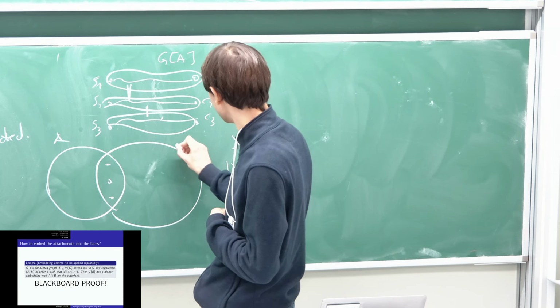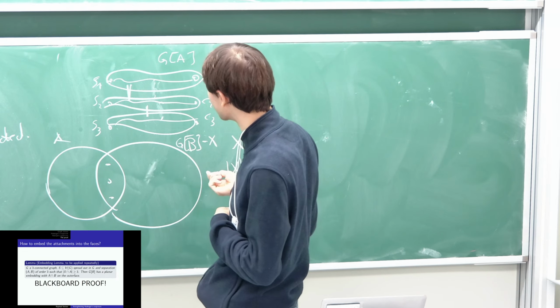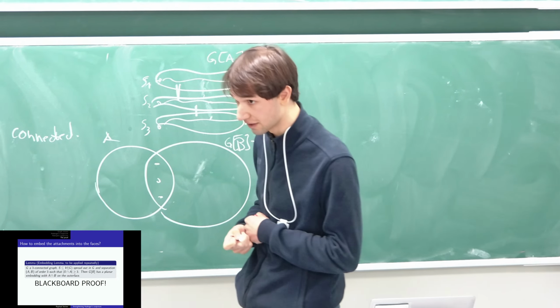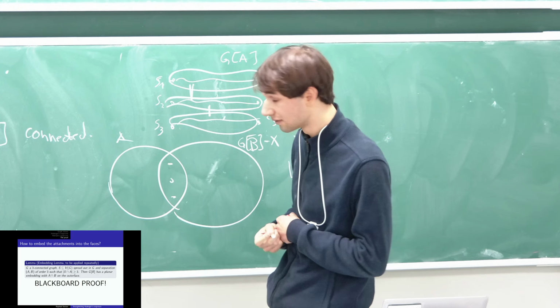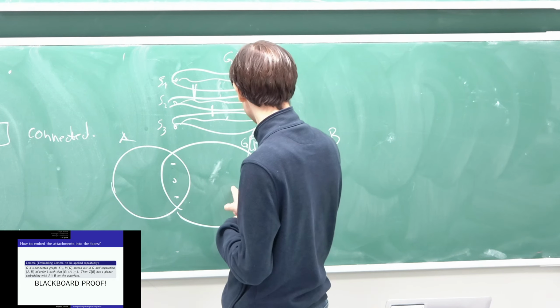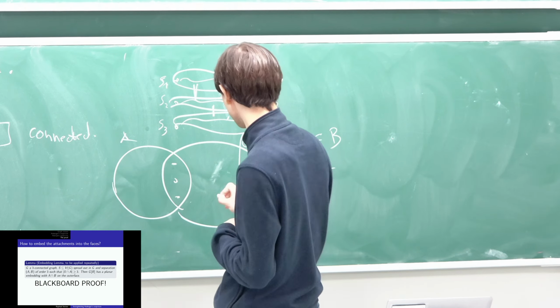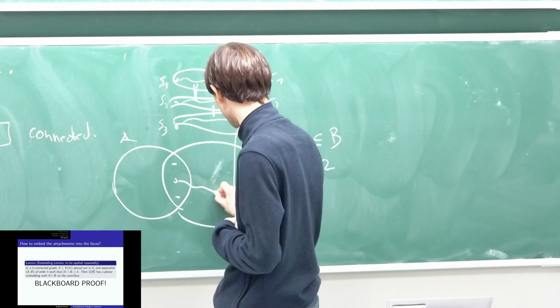Then in G of B minus X, every component contains at least one vertex from the separator. And this is also easy to see because you just pick some vertex here and find three disjoint paths.